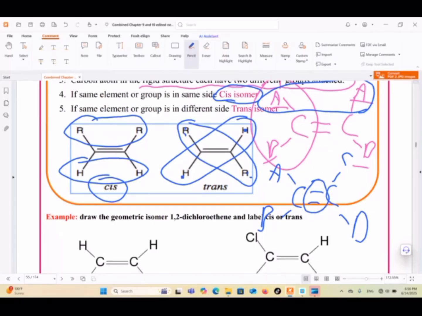And then the second condition is each carbon is attached to different atoms, A, B, and then the other C, D. But do we have any atoms that are the same? No. This won't form a geometric isomer because at least one of those groups must be the same. These are the three conditions for a structure to form a geometric isomer.